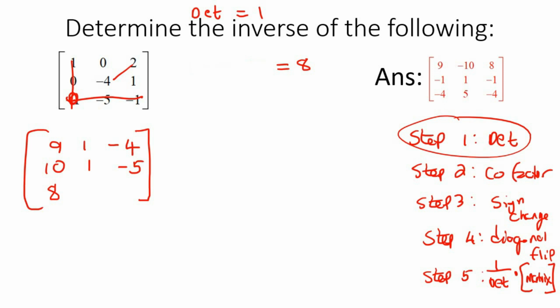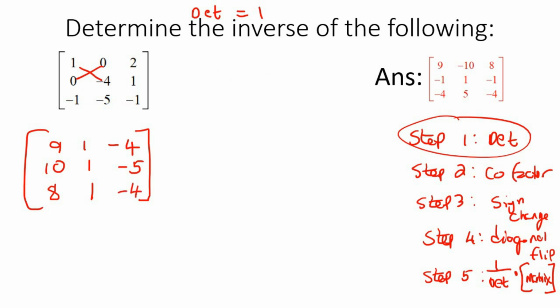There we go. And then we're going to do this one, so we're going to block, and so that's going to give us 1 times 1, take away 2 times 0, which is just 0, and so that gives us a 1 over there. And then the last one for the cofactor, block out there, so it's going to be 1 times -4, take away 0, so that's just going to be -4.